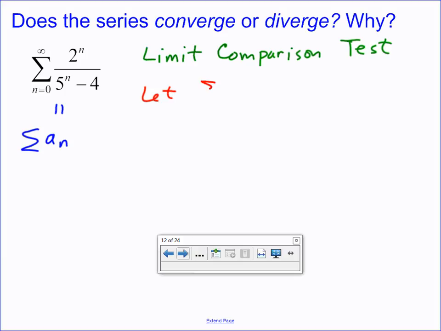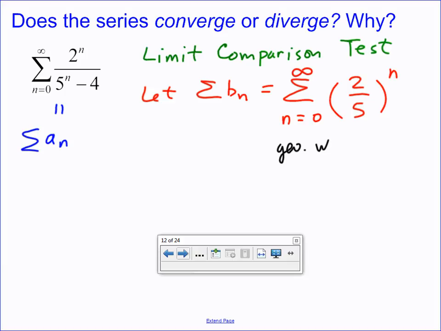So we're going to let this new series B be given by, again, we could write that as 2 to the n over 5 to the n. That's our known series, which is geometric with r equals 2/5, less than 1. It converges, so we know all about that.